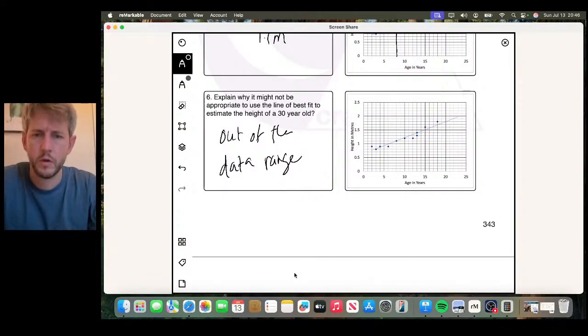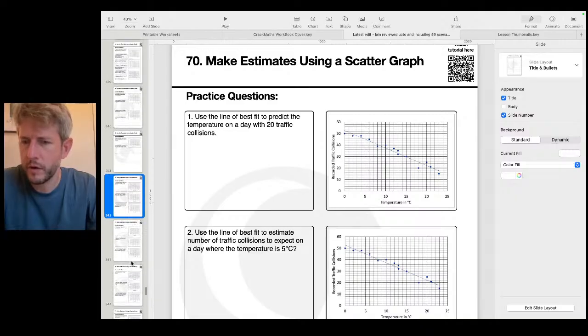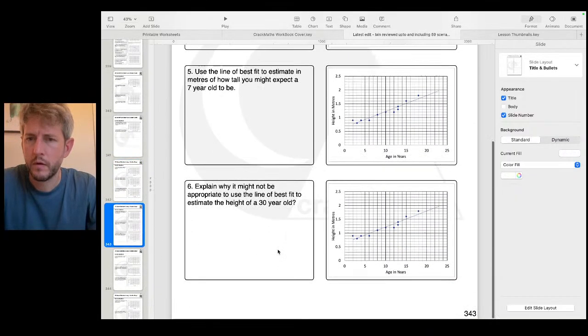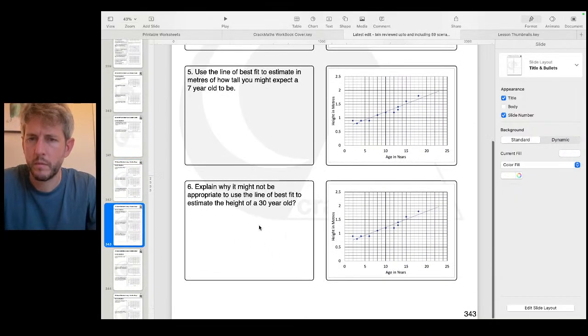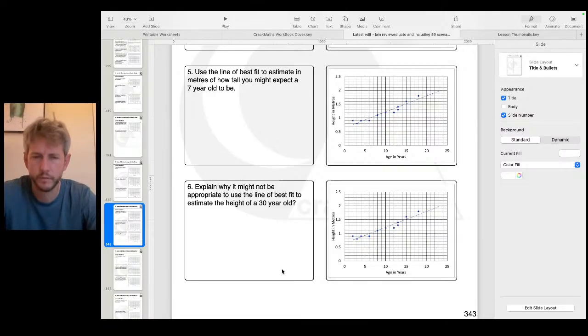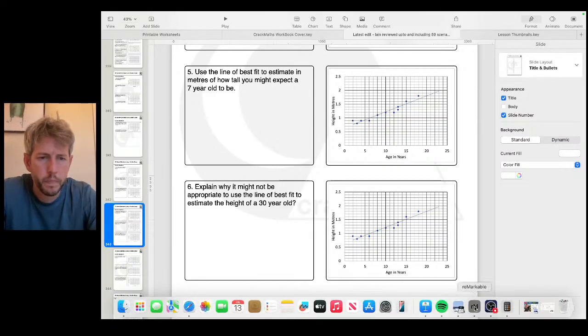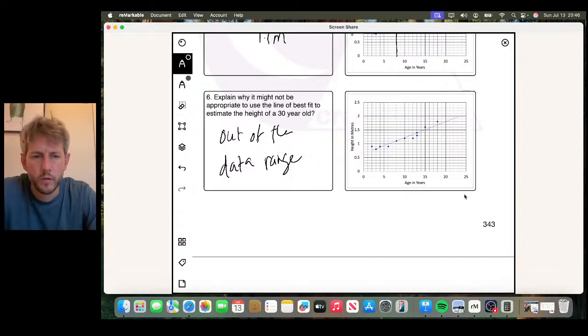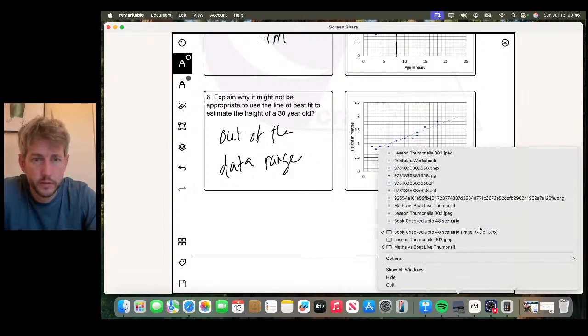Oh, let's just check I didn't edit that in a weird way. Right, fine. Right, let's get this marked.